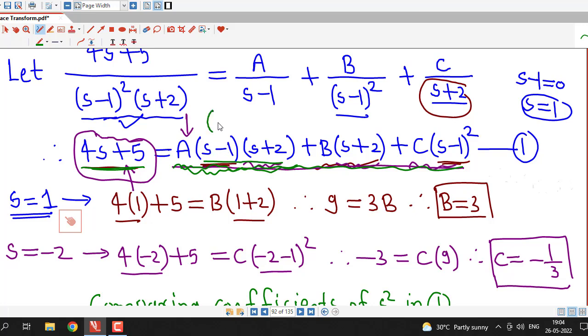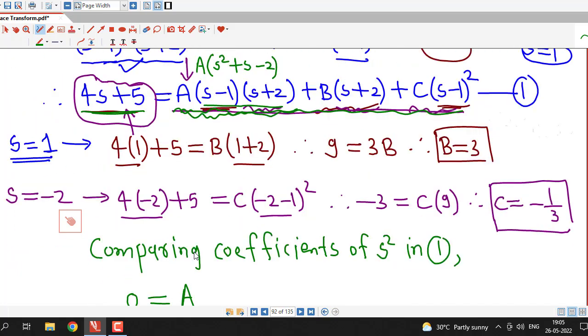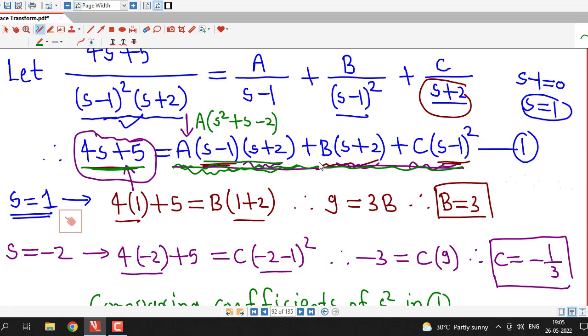If we multiply (s minus 1) into (s plus 2), we will have s squared plus 2s minus s, that is plus s, and minus 1 into 2. So we have (s squared plus s minus 2) into capital A. So from the first term, the coefficient of s squared is A.